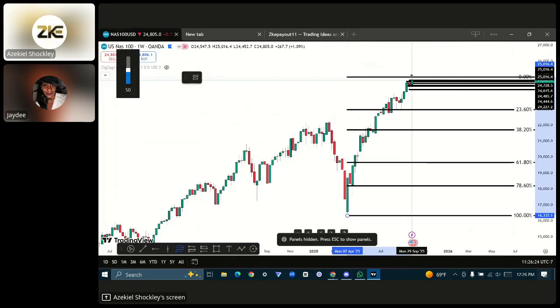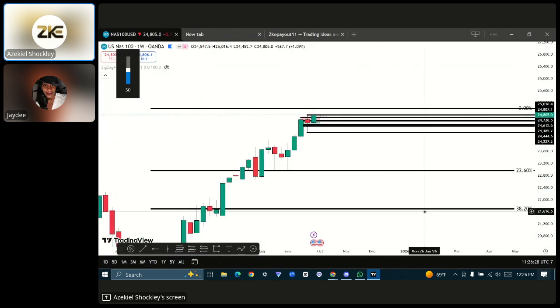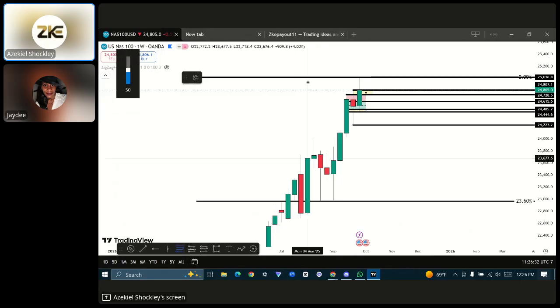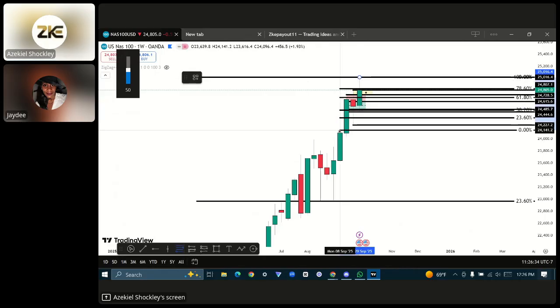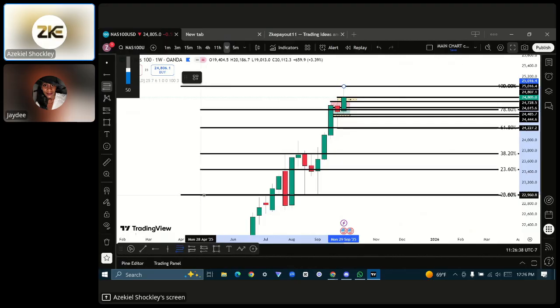Boom. But you don't care about these levels. That's just to set the direction. In that range, you draw out another one, from top to bottom.